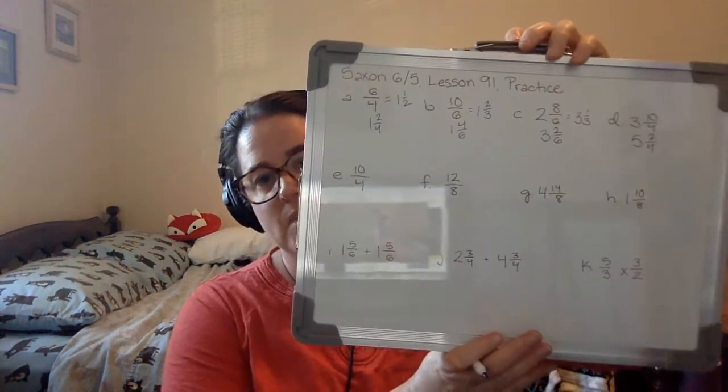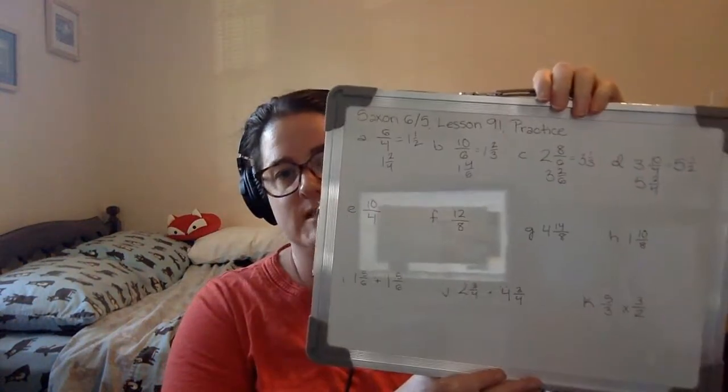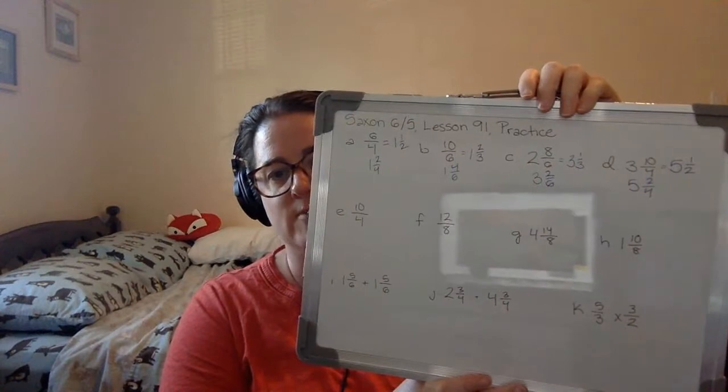If we add our 3, that gives us 5 2/4. The fraction 2/4 can be reduced to 1/2. So 3 10/4 really should be 5 1/2 if we take all the steps.